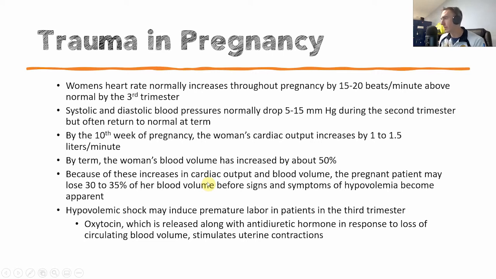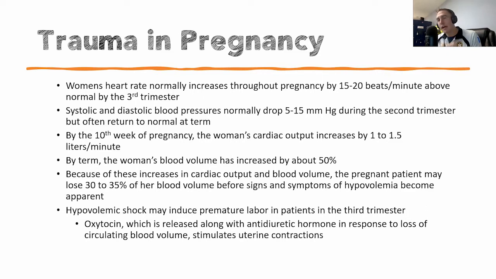Trauma in pregnancy: it is important to note the physiological changes that are associated with pregnancy. As the woman progresses in pregnancy, her cardiac output increases by 1 to 1.5 liters per minute, which means since they have a larger blood volume, they could lose a lot of volume before they have any signs and symptoms of hypovolemia.